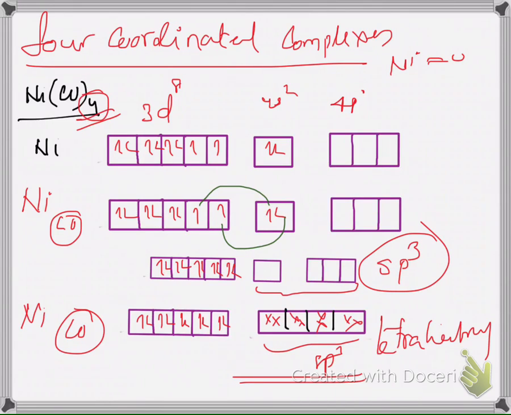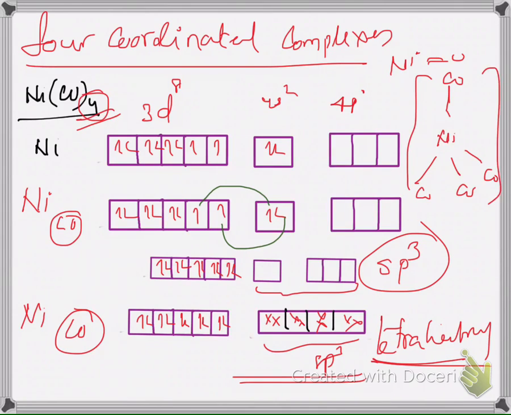This is a 4 coordinated system. d orbitals can participate only in a hexacoordinated system, or in a 4 coordinated system of square planar shape. But it is tetrahedral, so there is no chance of d orbital. So the shape is nickel with tetrahedral shape, CO, CO, CO and CO. This is the shape of tetracarbonyl nickel.